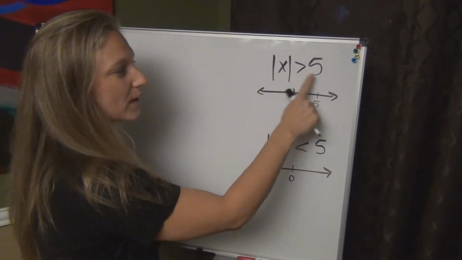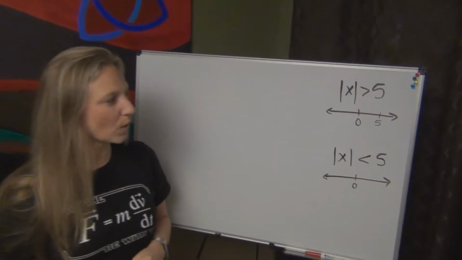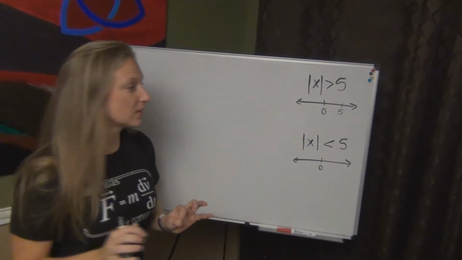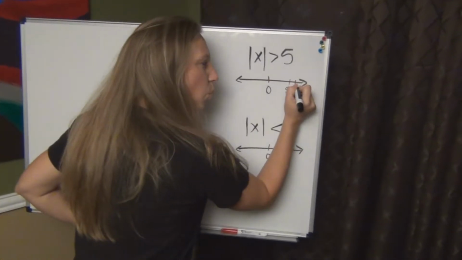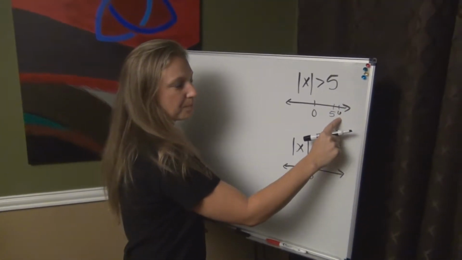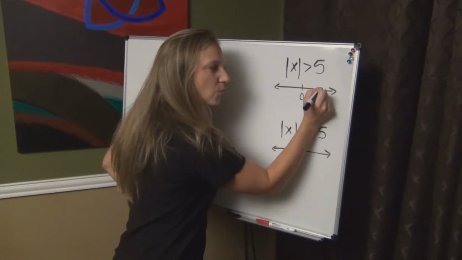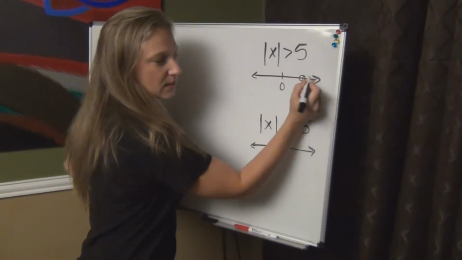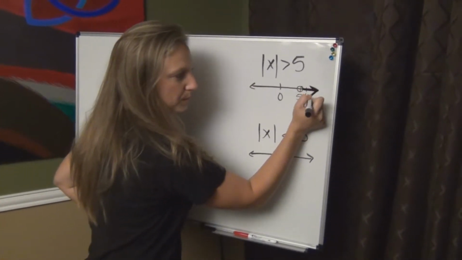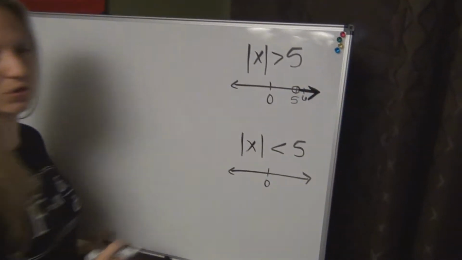Is 5 greater than 5? Well, it's not greater than 5. It's equal to 5. But if we went one step farther, 6 is greater than 5. So we know that up to 5, it is not true, but everything greater than it would be. So that's one part of the solution.